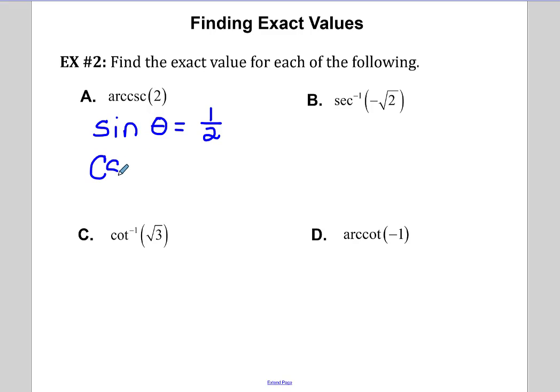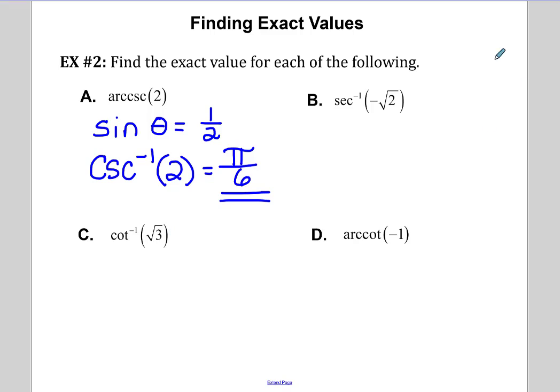That means the cosecant inverse, which is the same as arc cosecant, is going to happen at pi over 6, because the sine at pi over 6 is 1/2, and the cosecant at pi over 6 is 2. So our cosecant inverse of 2 would happen at pi over 6.